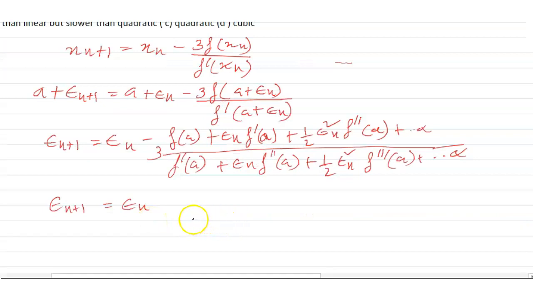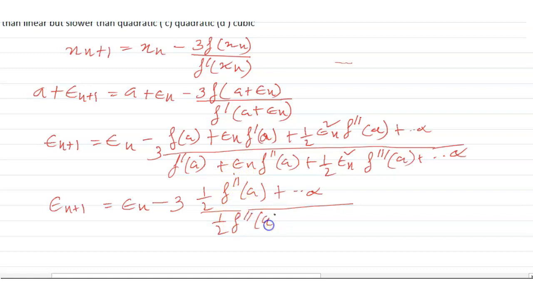So friends, it can be written this way: epsilon n times [3 into half f double dash (a) plus up to infinity, and half into f triple dash (a) up to infinity], and it can be written as epsilon n square, and other terms I remove because epsilon n is a very small term.